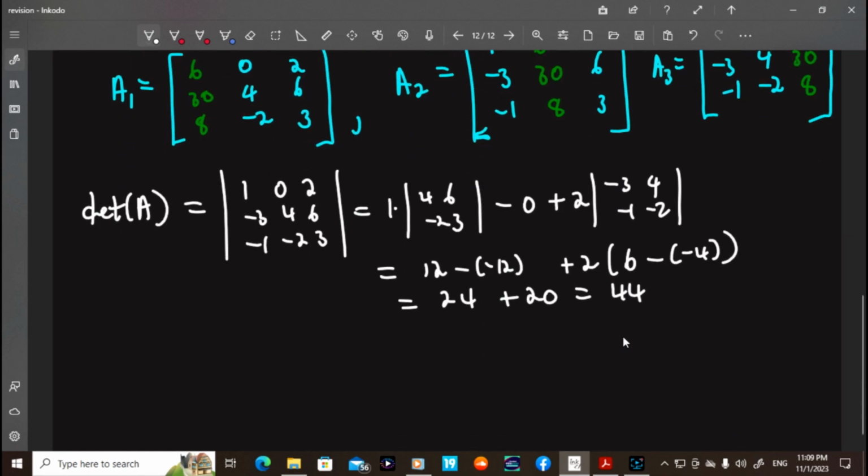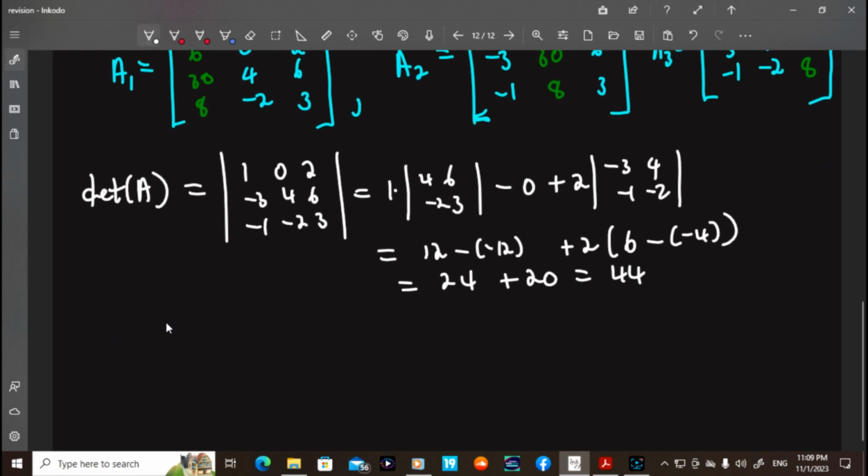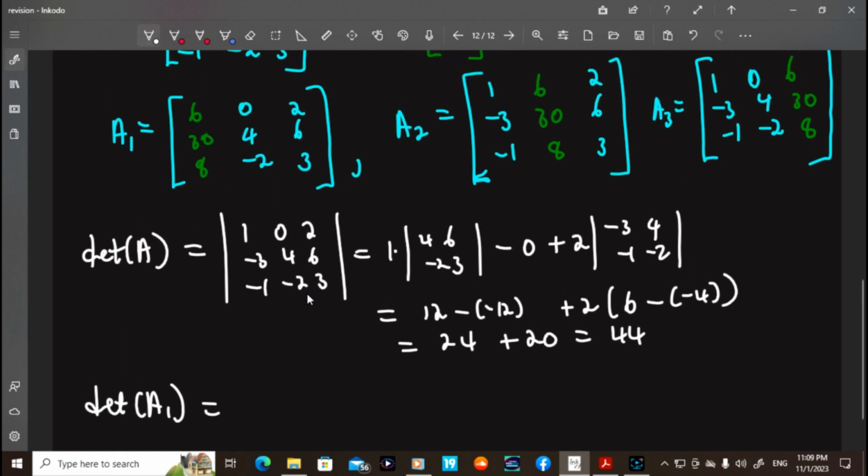So what about the determinant of A1? Let's try to calculate it. We can also take the top row.